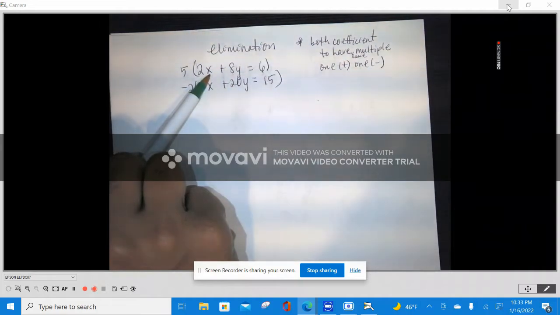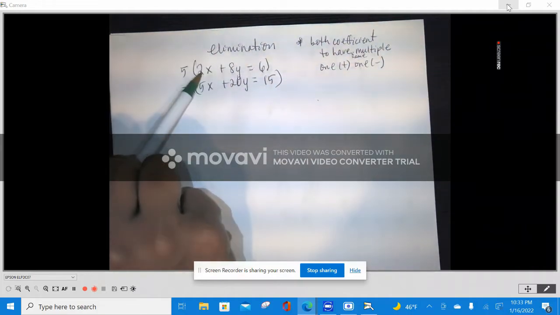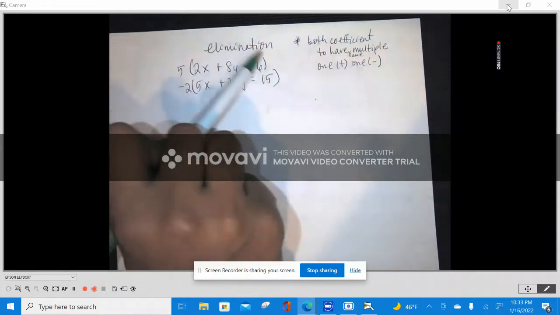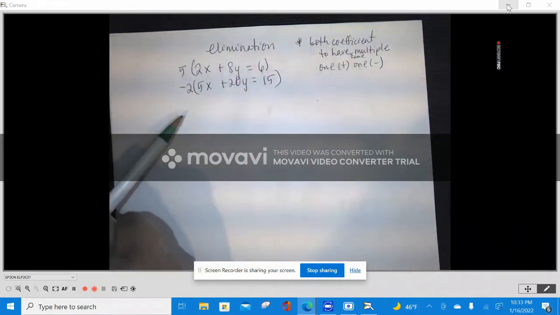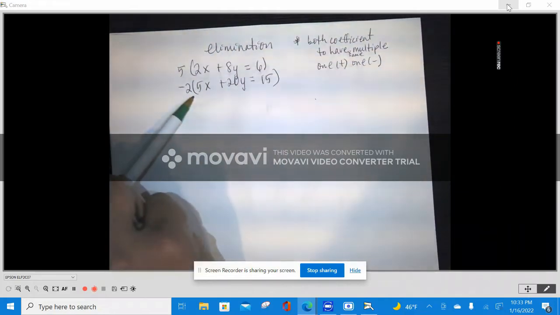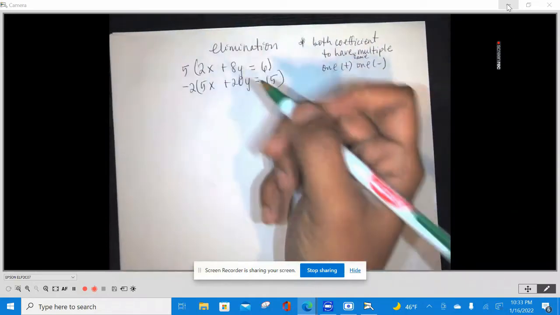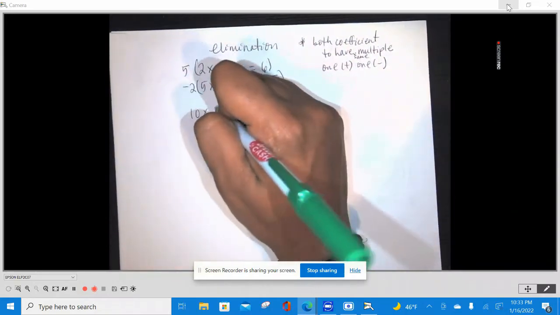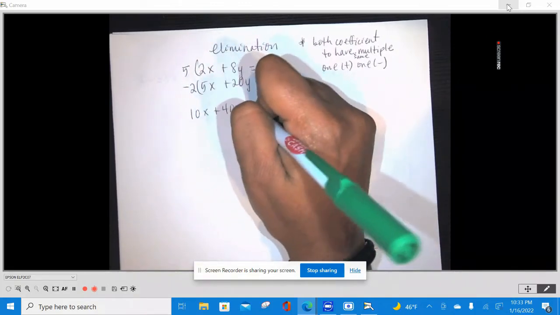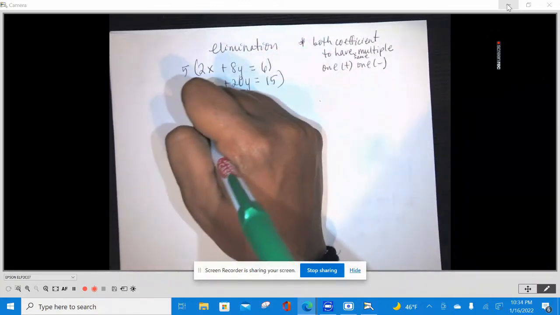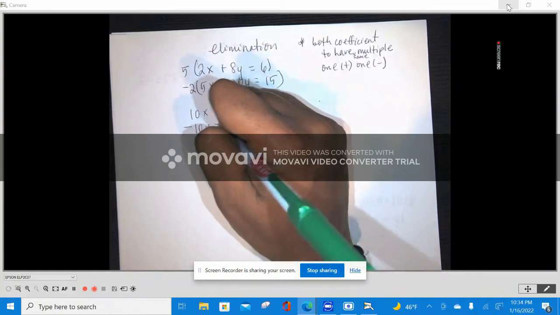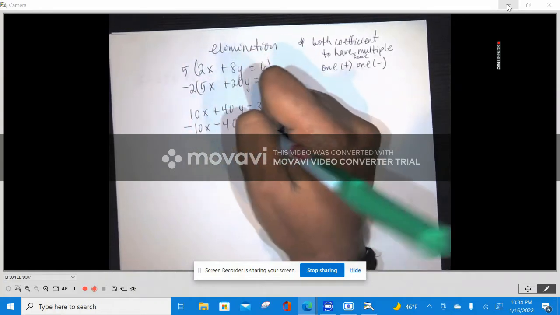But remember, I have to distribute this 5 not just to him, but to every term in that equation. And then you turn around and you want a negative 10x down here, and it has to multiply to every term. Okay, so we have 10x, 40y, 30, negative 10x, negative 40y, and then negative 30.